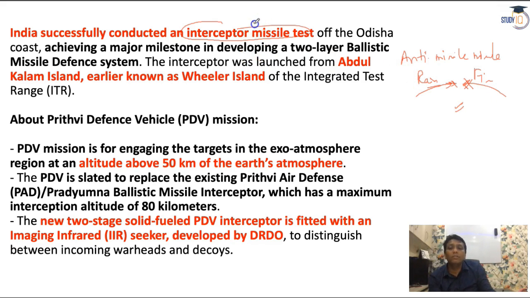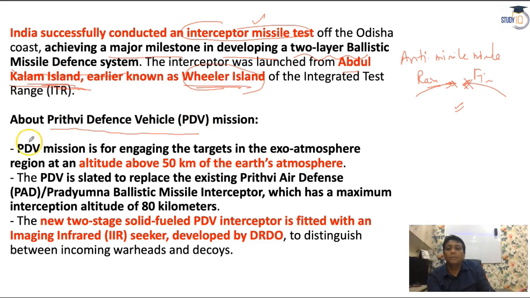So this type of concept is here with the name of Prithvi Defense Vehicle Mission. It's a major milestone in developing a 2-layer ballistic missile system, and that was launched from, even tested from, Wheeler Island. Earlier it was called Wheeler Island, now the name has been changed and it is Abdul Kalam Island.